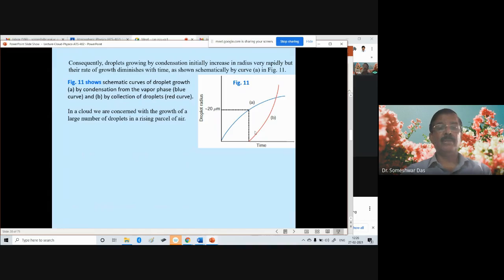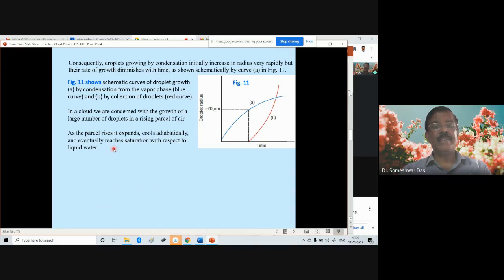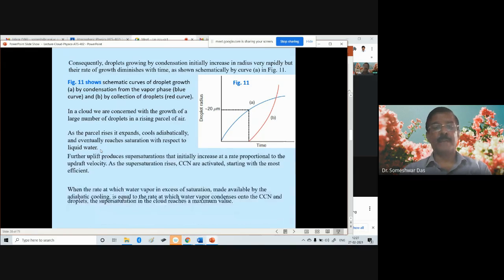In a cloud, we are concerned with the growth of a large number of droplets in a rising air parcel. As the parcel rises, it expands, cools adiabatically, and eventually reaches saturation with respect to liquid water. Okay.